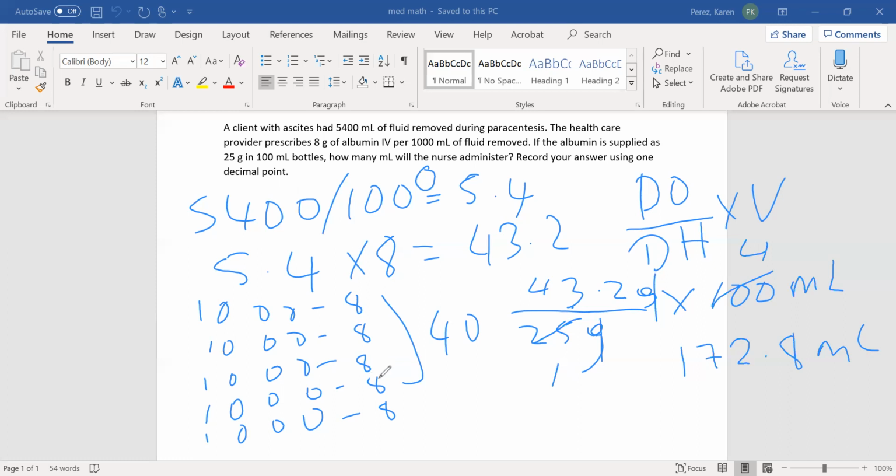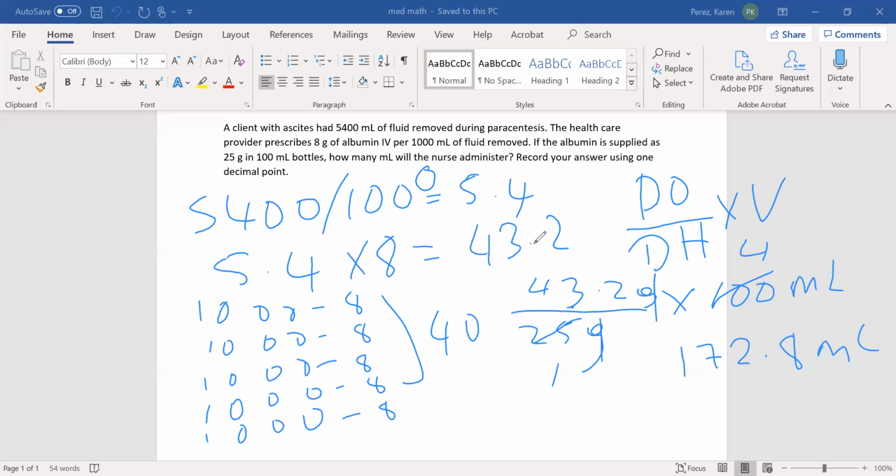But then we have this 400 and we don't know how to equate that using the 8 grams. So the best way to do that is 5,400 divided by 1,000, which gives you 5.4. So now you know how many sets of 1,000 are in 5,400. You multiply it by 8. 5.4 times 8 gives you 43.2.